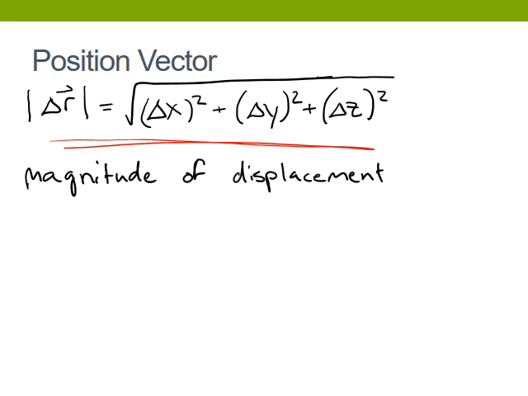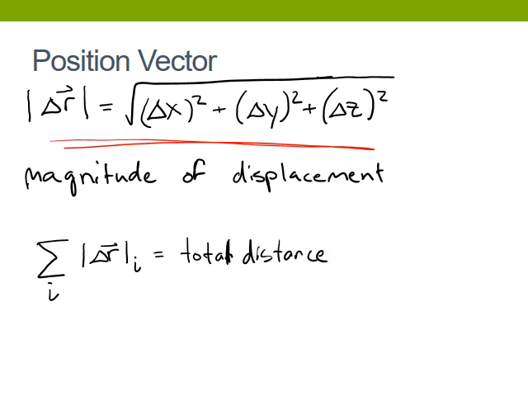And if I just go back to my definition and add up all my little step sizes, if I take all my little steps and add up all of their little magnitudes, then I would get my total distance. So calling this a distance is maybe a little bit confusing. Let's not. Instead, I will try and be more careful and call this the magnitude of the displacement, which is more appropriate.